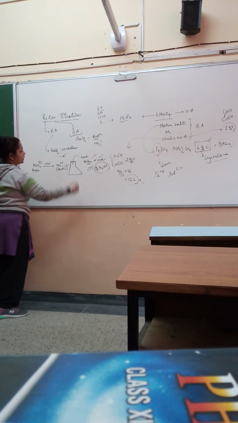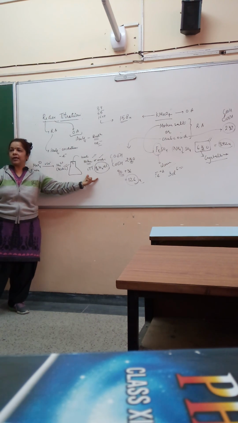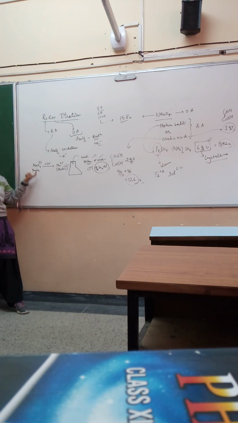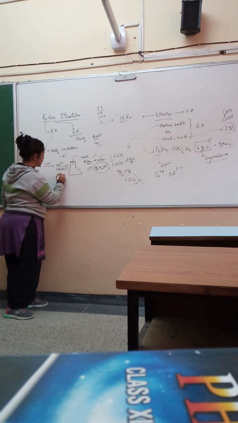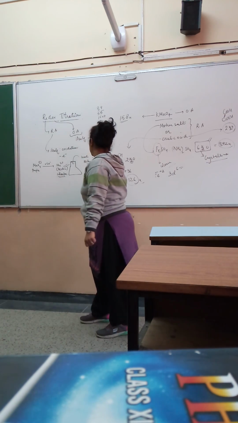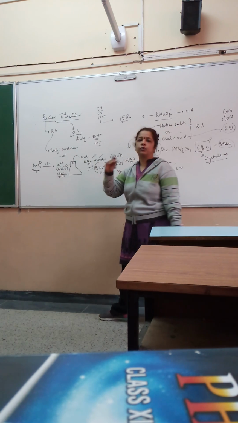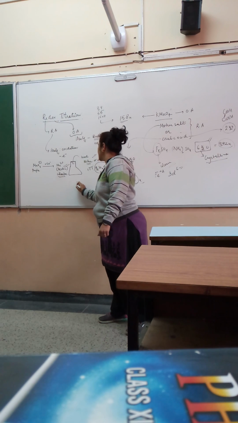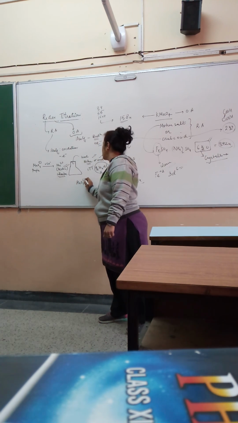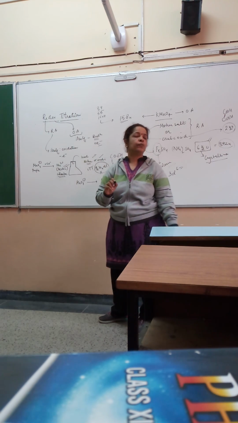So to maintain an acidic medium, you add one test tube full of dilute sulfuric acid, and it helps you to convert purple colored permanganate ions into Mn2+, which is colorless. Just in case you forgot this, or the lab assistant had the concentration of dilute sulfuric acid a little lower, in that case you will suffer here because your MnO4 minus will not change to Mn2+, and it has a high probability to change into MnO2.